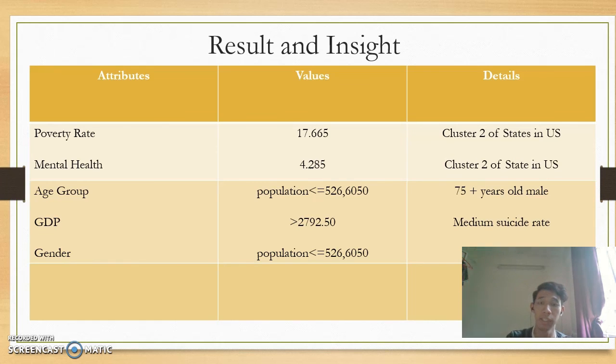And last but not least, the GDP, which is higher than 2,792, shows a medium suicide rate in a country.